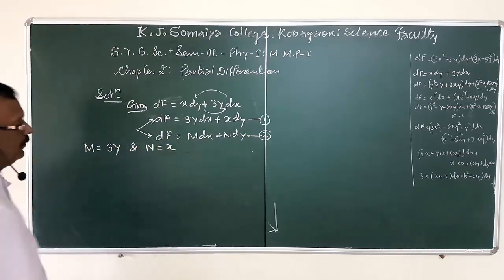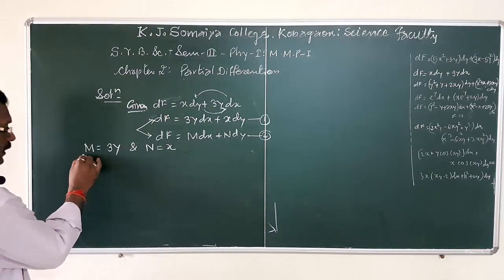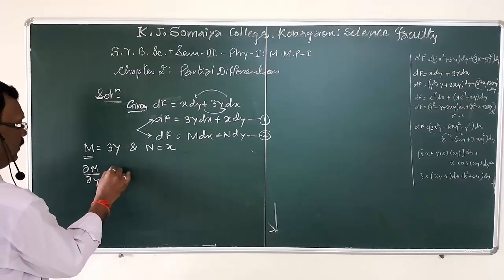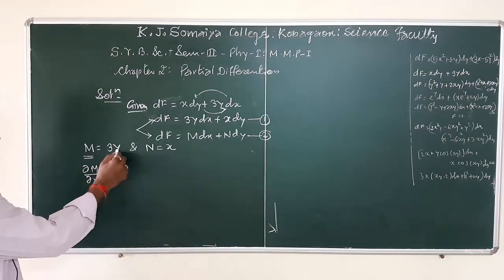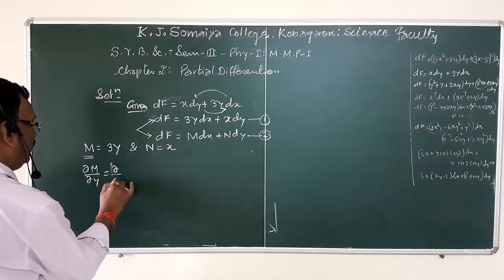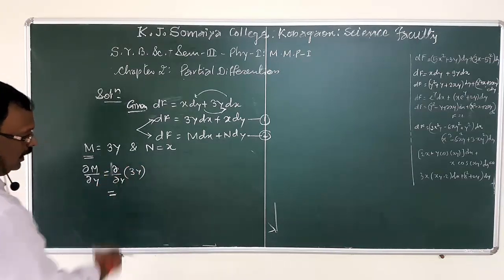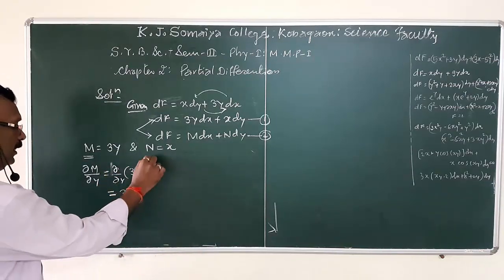equal to x. When we differentiate this m with respect to y, that means ∂m/∂y, differentiation of the term 3y with respect to y is 3.